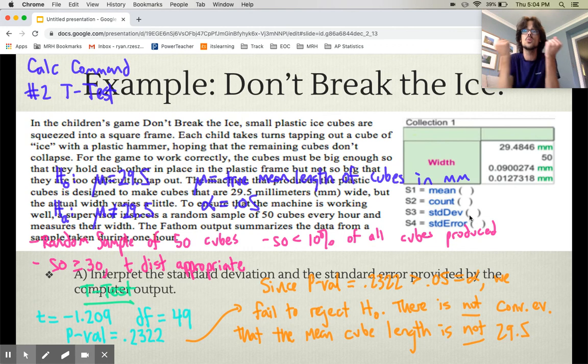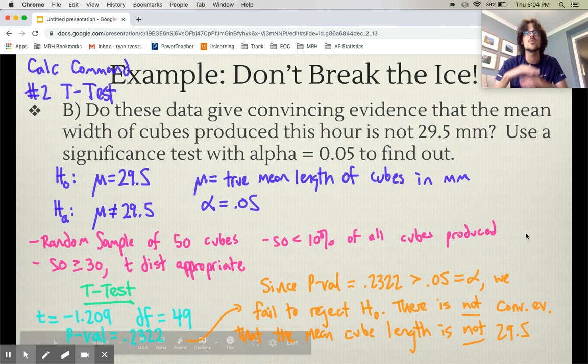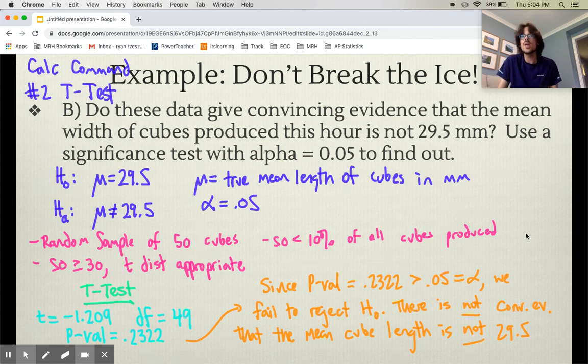But that number was just too close. The probability of that or more extreme happening was about 23%, too high for them to shut down production and fix the machine. It's a big to-do. So they would fail to reject the idea that the machine isn't working well enough. They would just keep on keeping on, and they would not reject the null hypothesis.